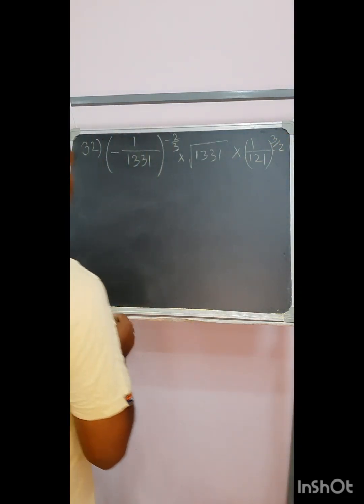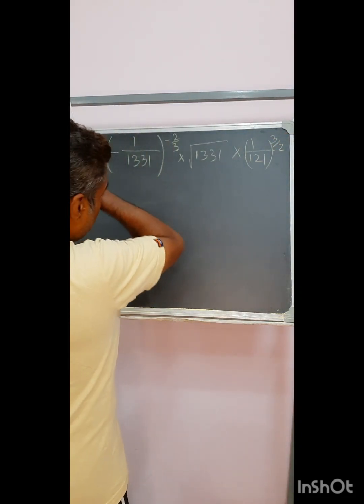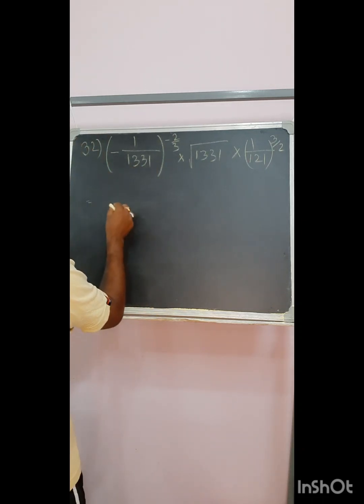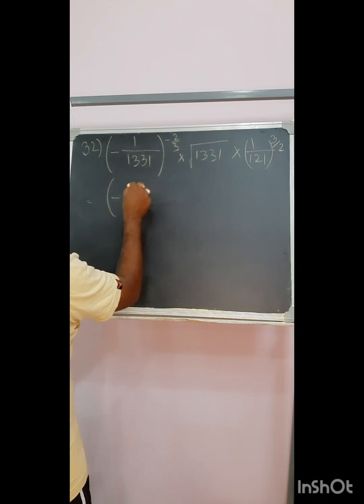Now your task is to simplify. Now you can understand these all are multiples of 11. So your task is only to eliminate the indices.